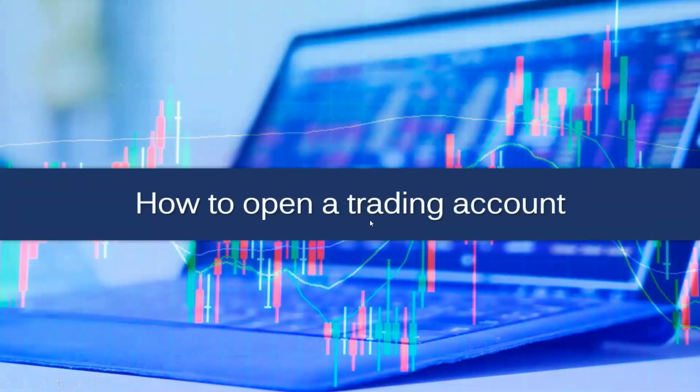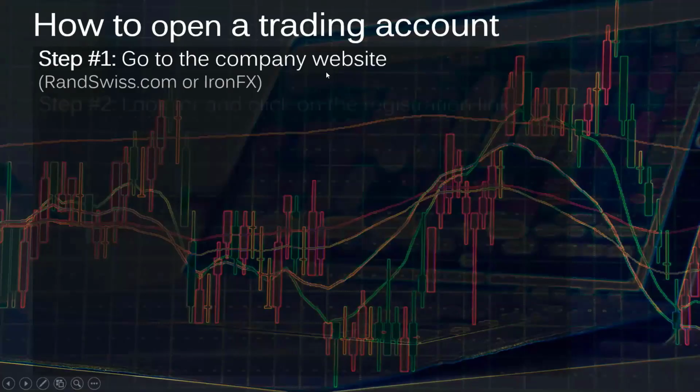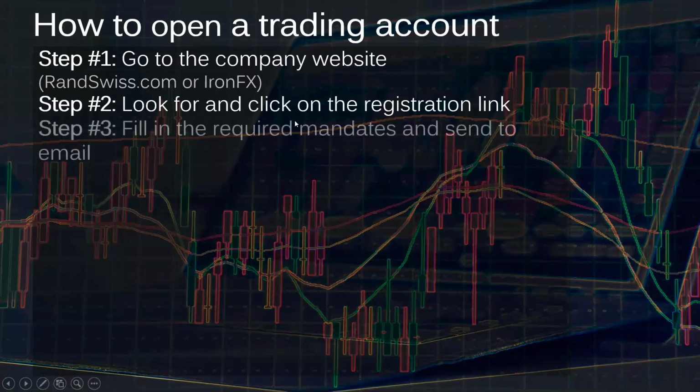Cool. How do you open a trading account? Nowadays, it's very easy. You go to the company's website, you look for and click on the registration link where it says open live account, open demo account, start trading now, whatever it is, and then you'll fill in the required mandates and your details.